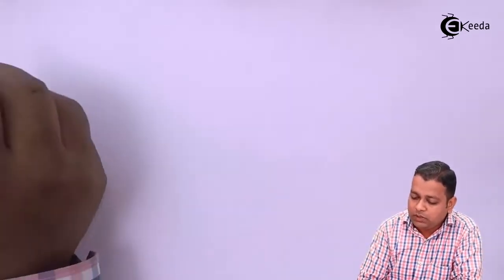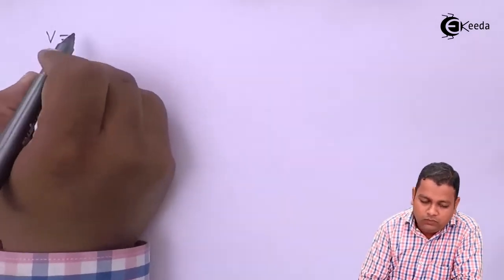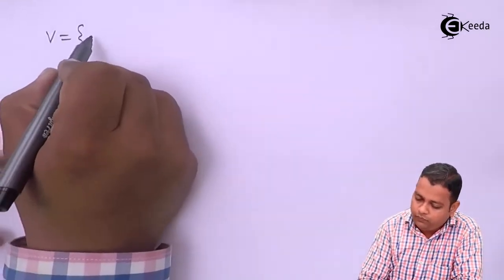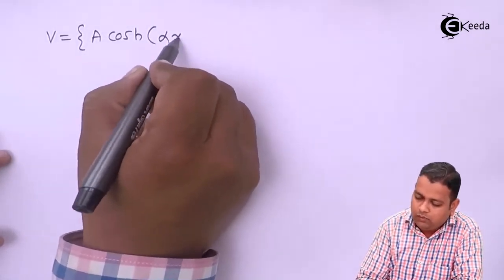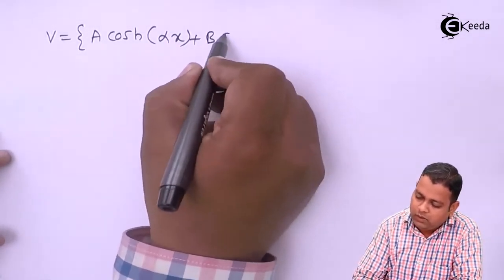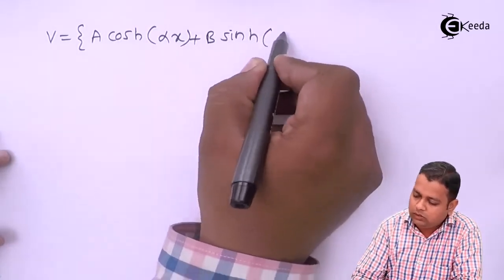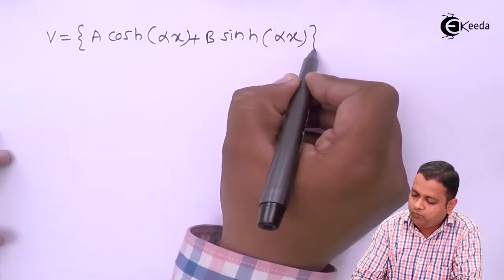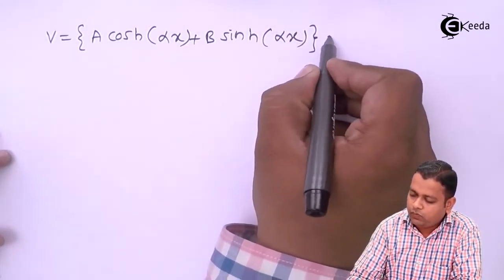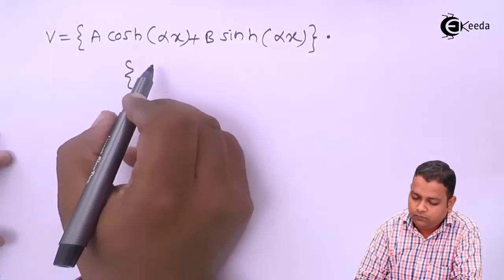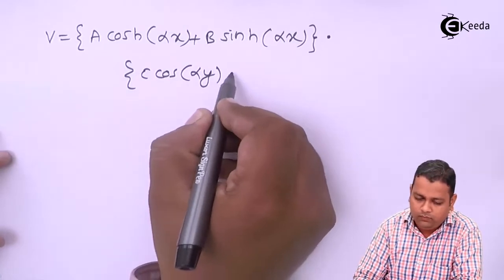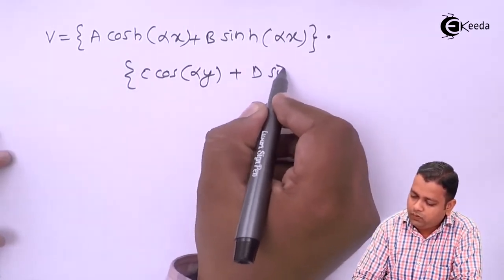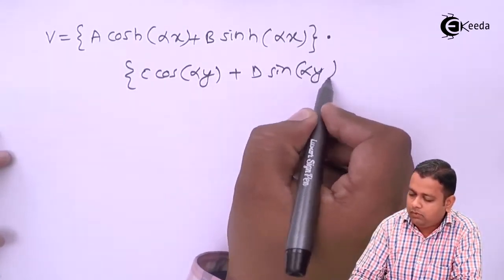First of all, the solution I mentioned: capital V will be equal to capital A cosh of alpha x plus capital B sinh of alpha x, in multiplication with C cos of alpha y plus D sin of alpha y.